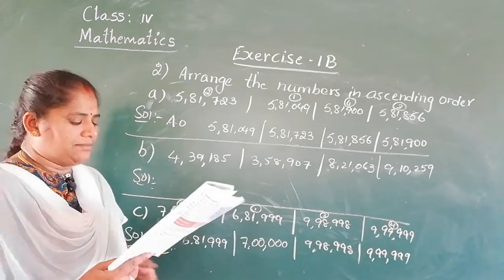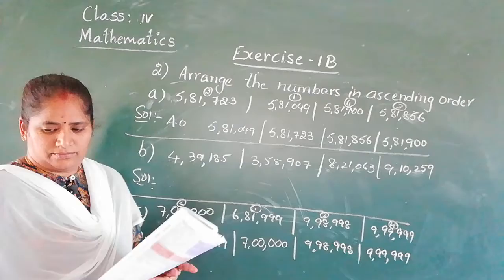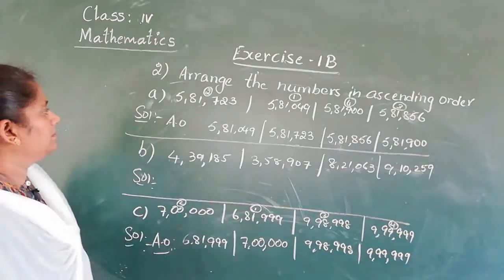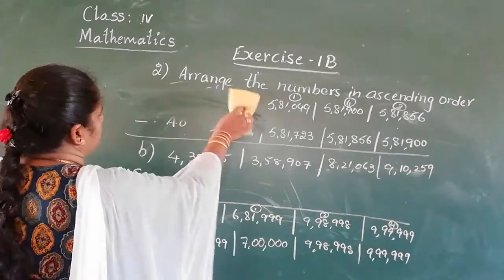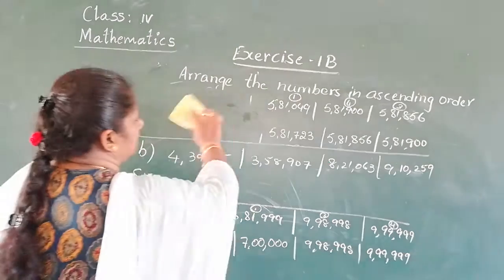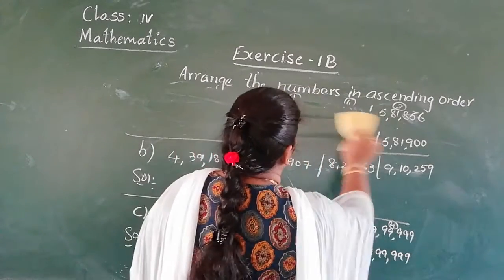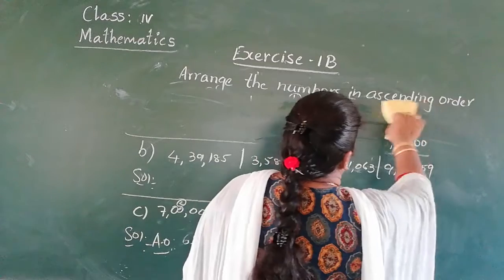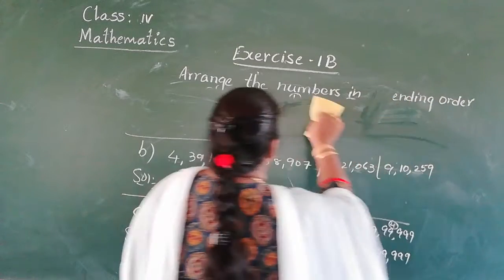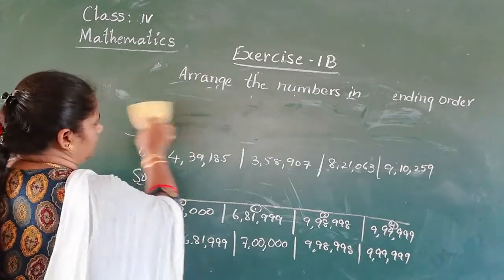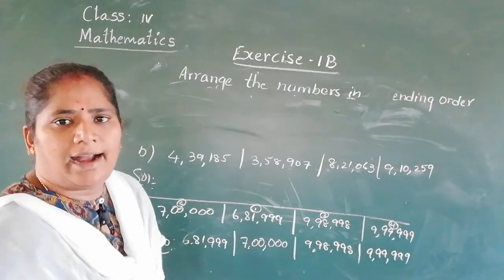Third one. Arrange the numbers in descending order. Third one. So take the screenshot and write, Nana. Then it becomes very easy for you. Okay. So if you feel it is difficult to note down this, take the screenshot and write.